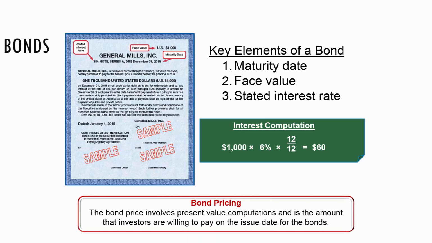The bond price, though, is something that's a little more complicated, and I'm not going to get into it this semester with you, but I just want you to understand, as I said just a moment ago, that the face value and the market price are different.